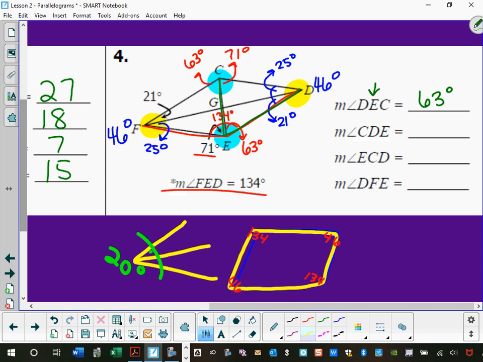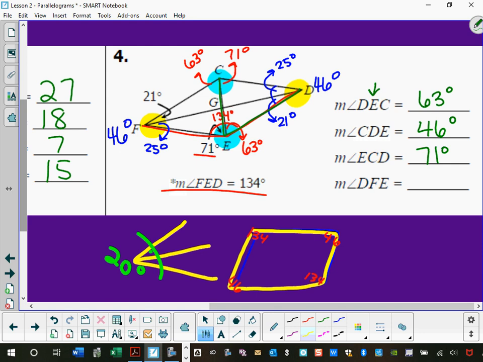All right, look at CDE. That's the whole angle there. So CDE is going to be 46 degrees. The measure of angle ECD is going to be what? 71 degrees. Is that part of the angles right in the middle?